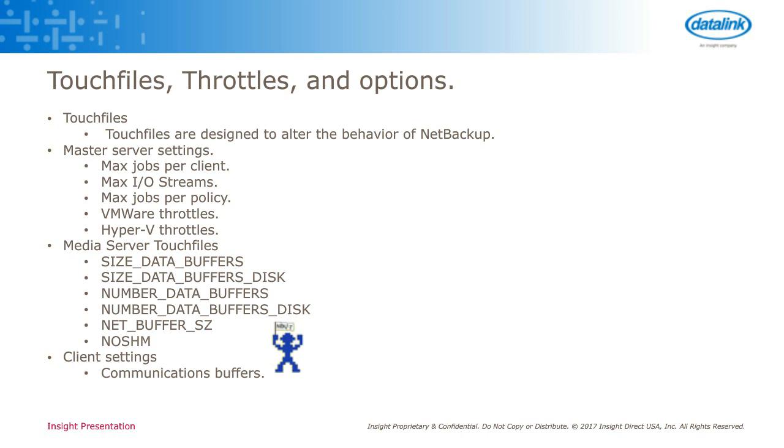For the client side, we don't have a touch file. We have a setting within the client, communication buffers. This setting controls how large a block of data we send across the network. We'll cover some of the values that can be set here, as well as how to tell what to set here.